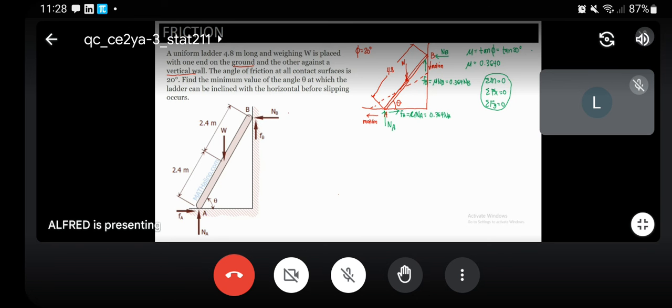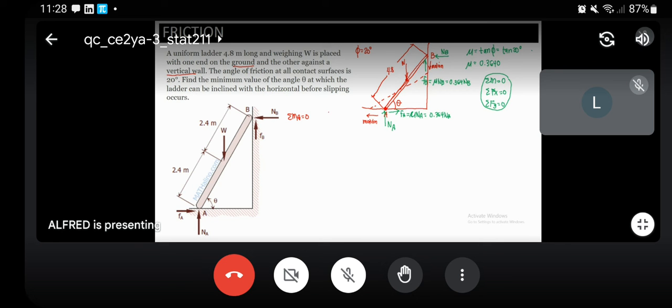Okay, so unahin ko si moment. So summation moment at A is equal to 0. So may eliminate natin yung isa lang pala, si NA lang. No? So nandiyan pa rin si NB, si W, saka si theta. So paano mapupunta si theta doon?